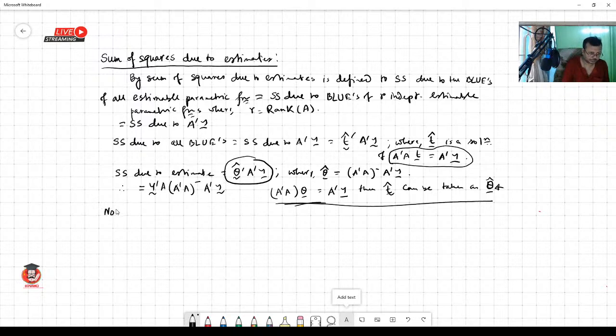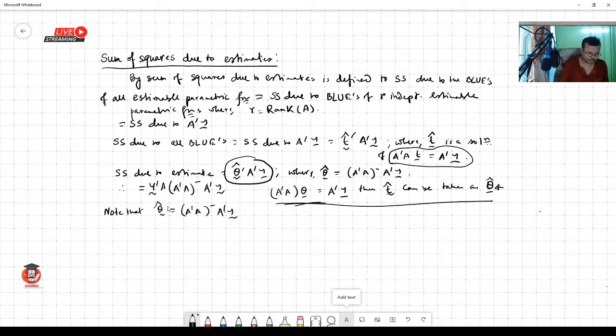Note that theta hat is equal to (A prime A) g-inverse A prime y.